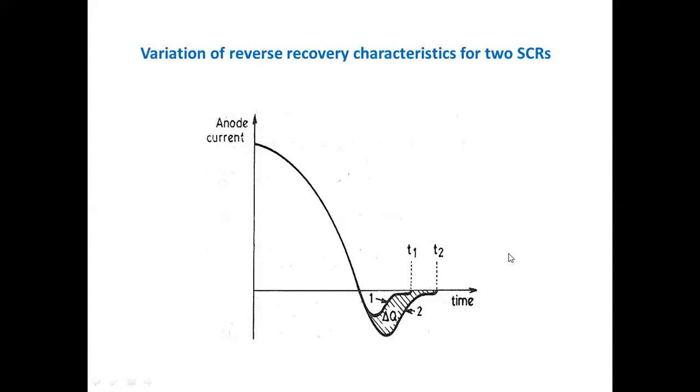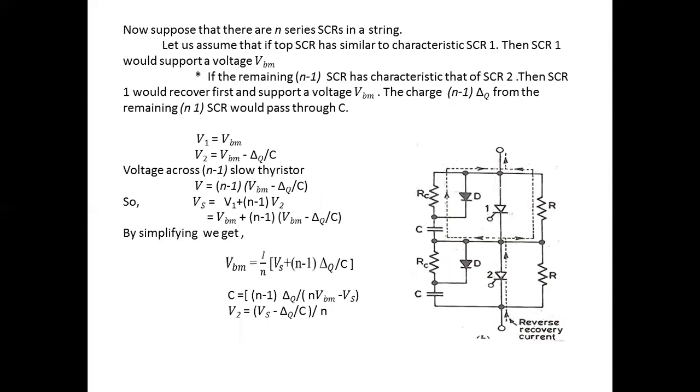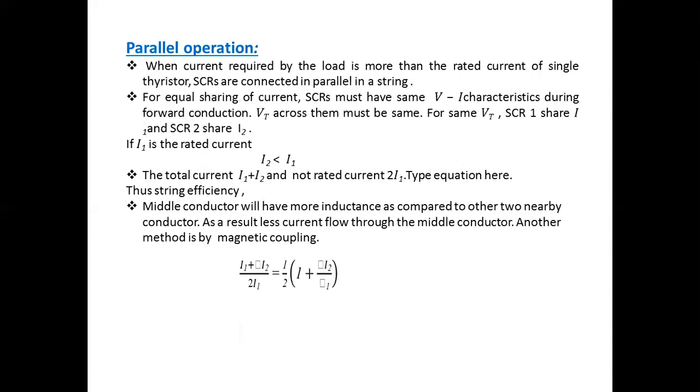And next we go for the parallel operation. This is also very important. Previously we discussed parallel operation, but we didn't explain any derivation. If you go for a series operation, it is for high voltage demand.